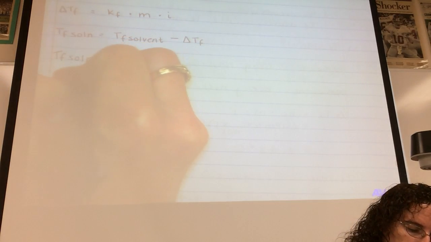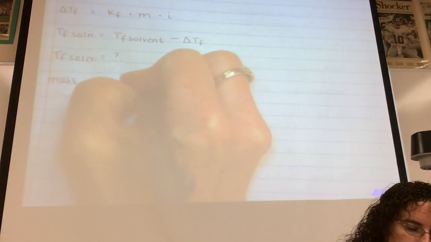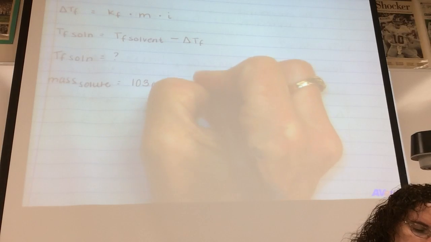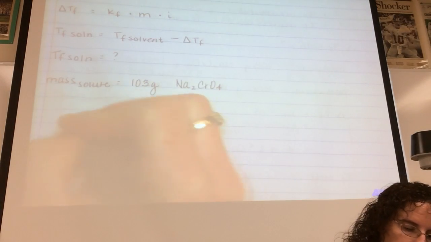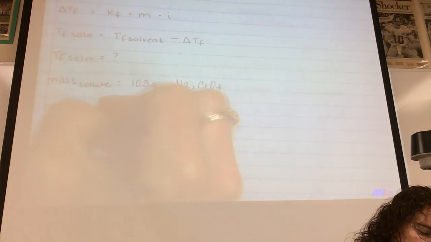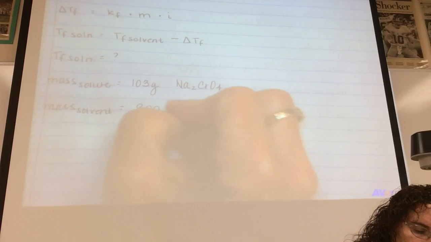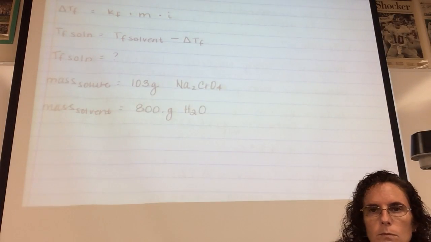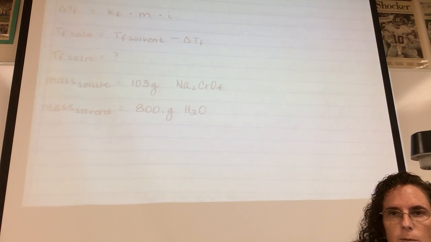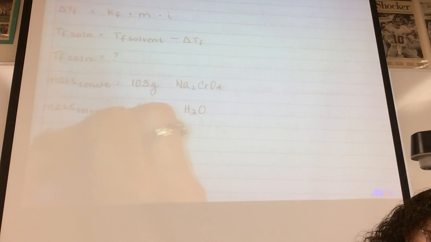The mass of solute is 103 grams of sodium chromate, and the mass of solvent is going to be 800 grams of water. Questions on pulling the variables out? We're going to first solve for delta Tf.